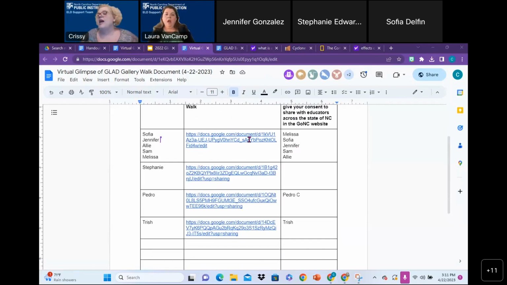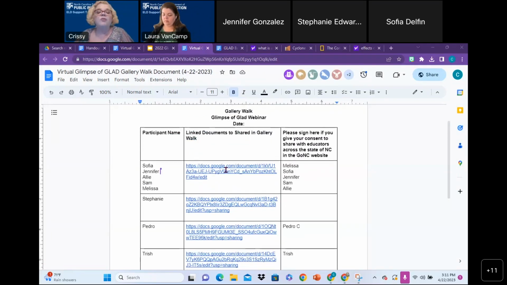Laura, if you'll set a timer, use your phone, just so we can be sure that we're giving each group 2 minutes. What I will do is click on the resource, and then we will allow the group members to unmute and share the resource with us.